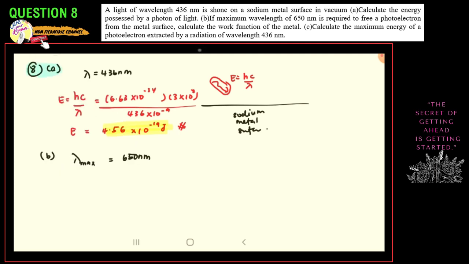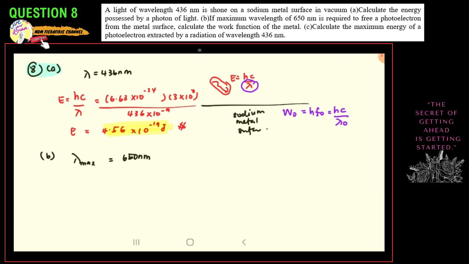Here we have the work function, W naught. So remember, the work function is equal to hf naught, and it's equal to hc over lambda naught. The question said that if a maximum wavelength of 650 nanometer is required to free a photoelectron, calculate the work function.